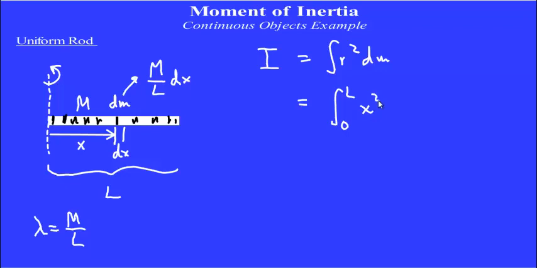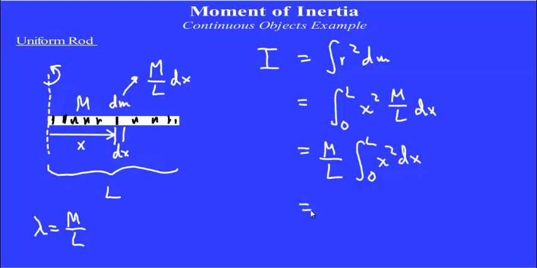And now for dm, we're going to substitute in the m over L dx, which is a constant. So we pull this out front. We're looking at this right here, like so. And when you do that, you're going to get m over L, x cubed over 3.